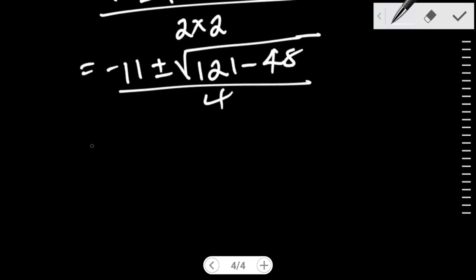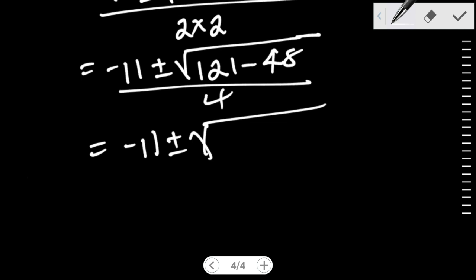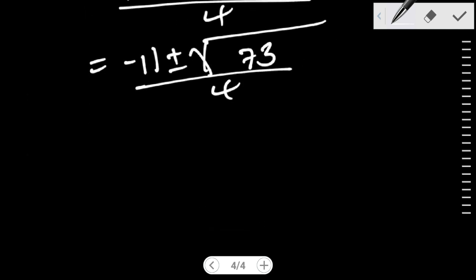So we come here and say this is going to be negative 11 plus or minus root of 121 minus 48, and this would give us 73, all over 4. So this would be equal to negative 11 plus or minus.